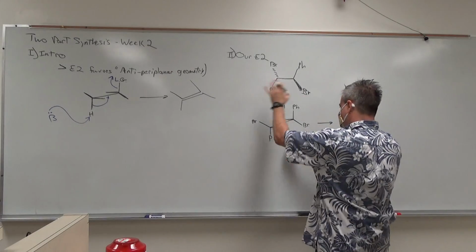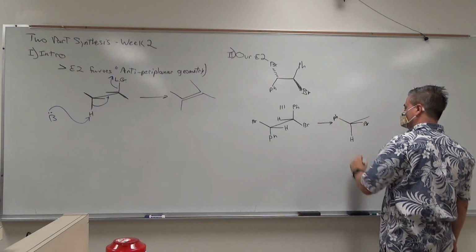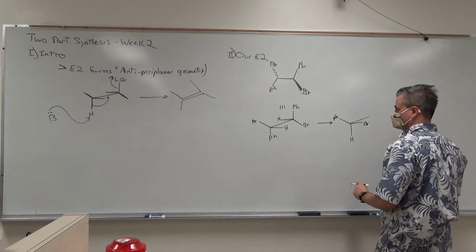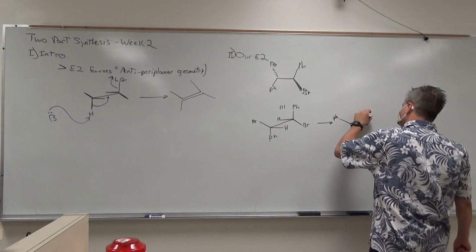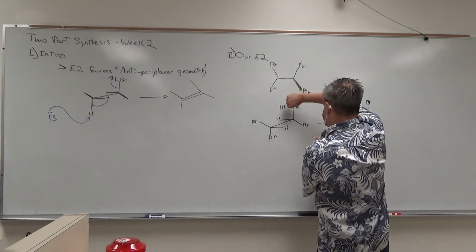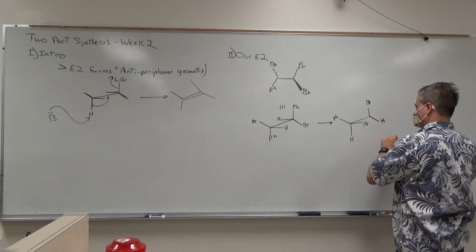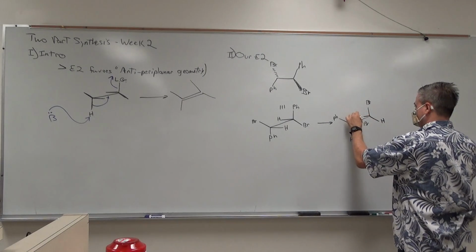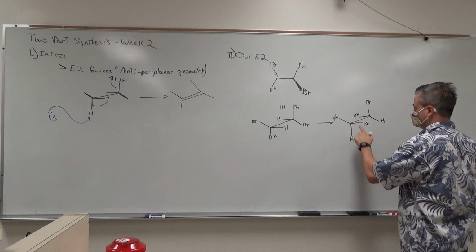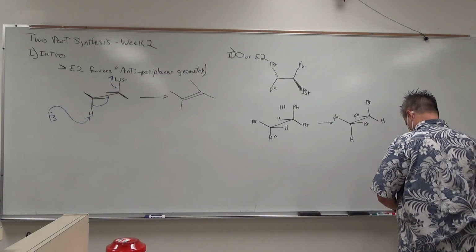If I put the H down, the bromine's going to go there, and the benzene ring's going to go there. I now will rotate that one up. That's going to stick that H there, and then that benzene ring there.